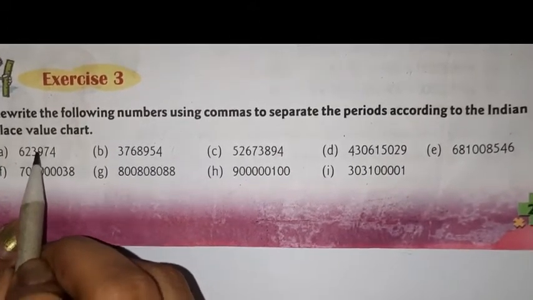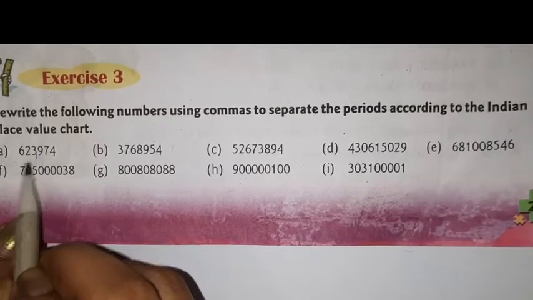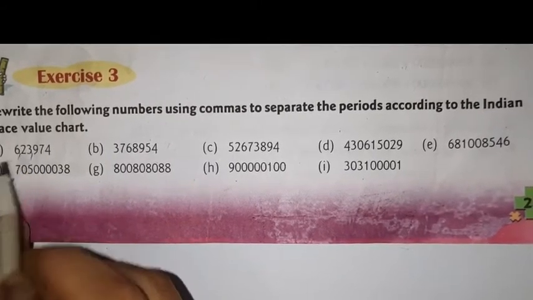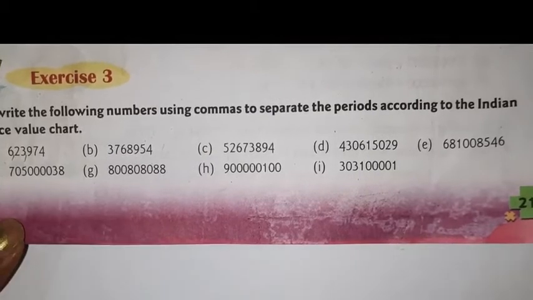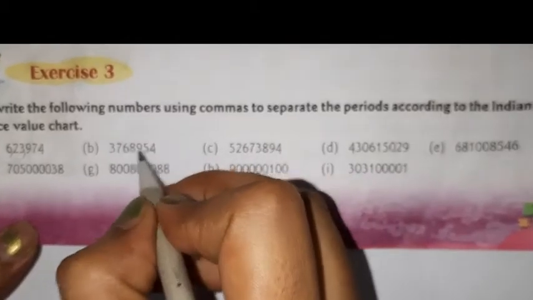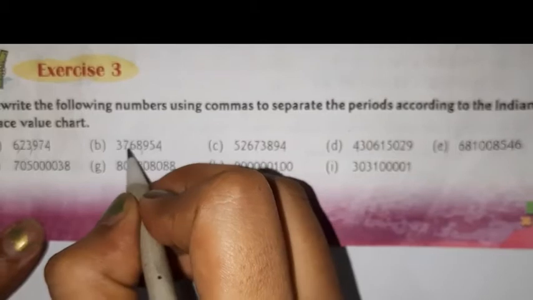1, 2, 3. That is ones, tens, hundreds. Then 1000, 10,000, then comma. So this is how we have to do in all the questions. 1, 2, 3, comma, 1, 2, comma.